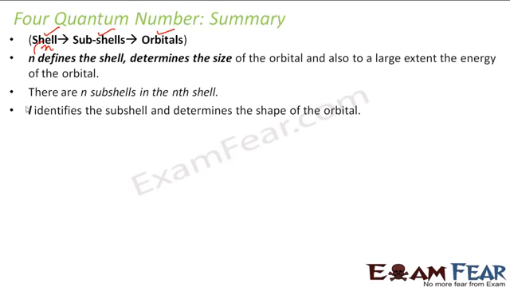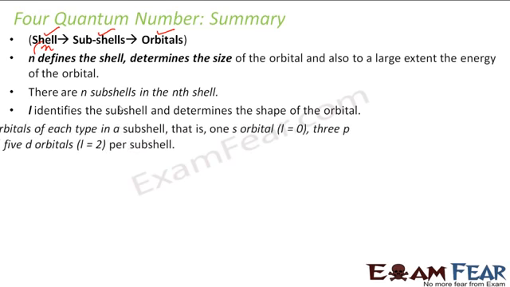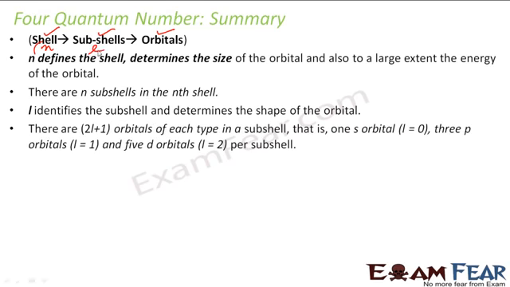And L identifies the subshells, also the shape of subshells. Then we have orbitals, and the number of orbitals is 2L plus 1. For example, for s I have one orbital, for p you have 3 orbitals, for d you have 5 orbitals, and so on.